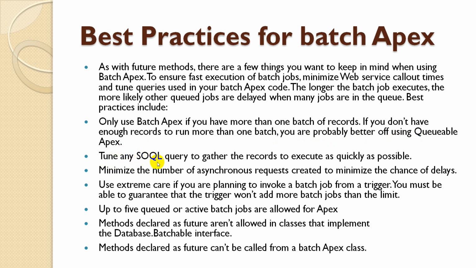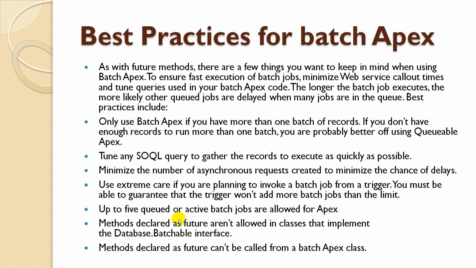Tune any SOQL query to gather the records to execute as quickly as possible. Minimize the number of asynchronous requests created to minimize the chance of delays. Use extreme care if you are planning to invoke a batch job from a trigger. You must be able to guarantee that the trigger won't add more batch jobs than the limit.